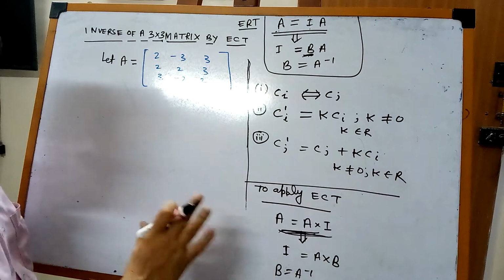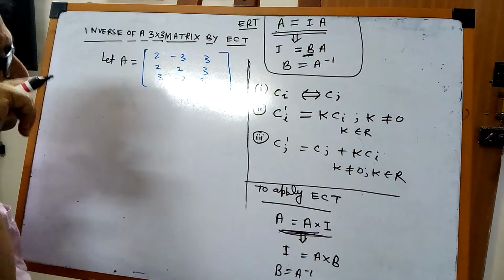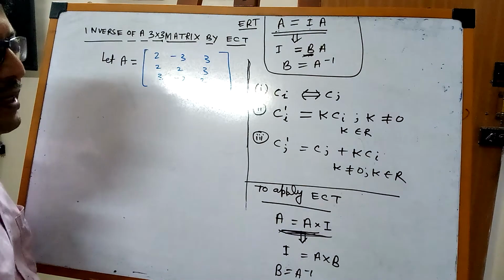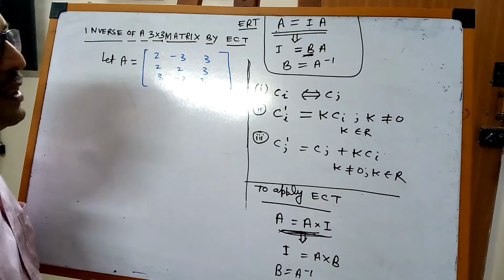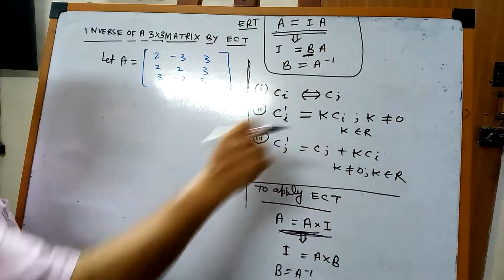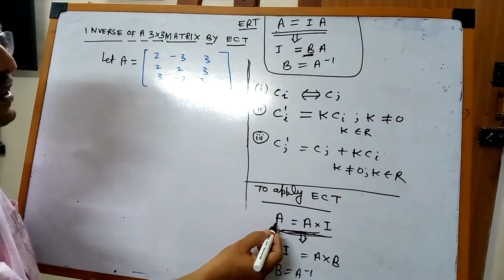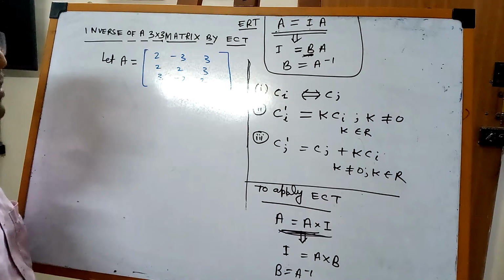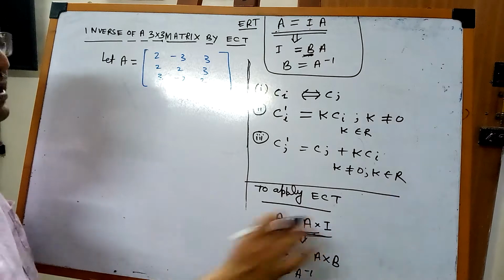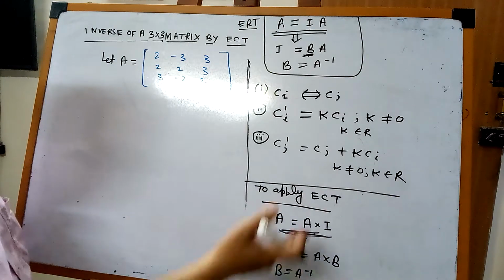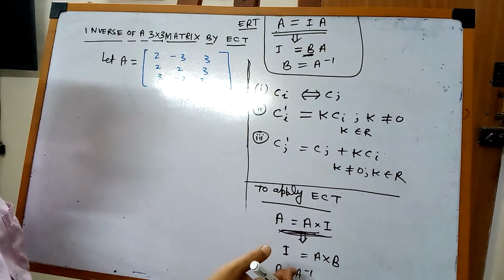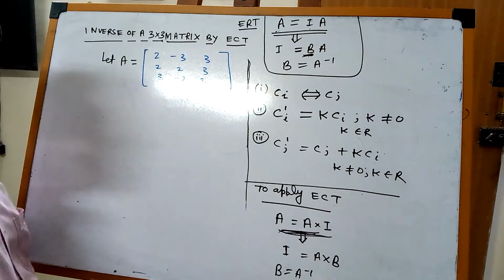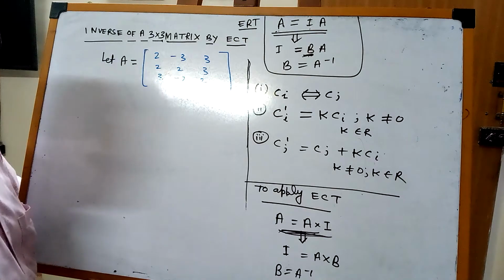Obviously inversion of a rectangular matrix is not possible, so for the square matrix A we express it in the form A equal to A into I. Then we apply these steps on this matrix as well as on this matrix. Whatever operations we apply here, that we have to apply there also, and step by step we get I equal to A into B, then B is referred to be the inverse of the matrix A.